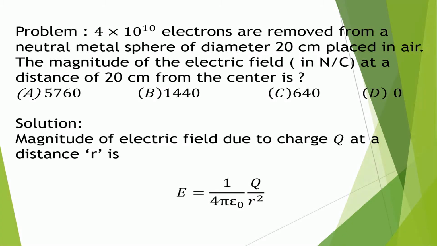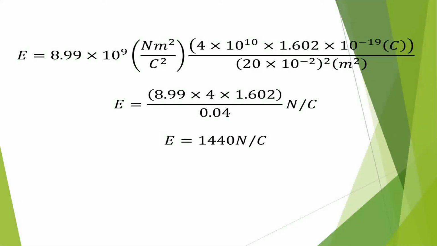So 1 over 4 pi epsilon naught is 8.99 into 10 raised to 9 Newton meter square per coulomb square. These many number of electrons, okay, and this is the charge of a single electron, and r is 20 centimeter, which we have now written in meter.